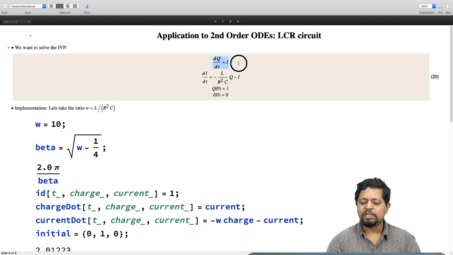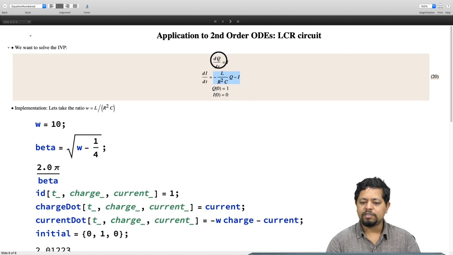So my equation is dq by dt is I, di by dt is minus L by R square C Q minus I, Q naught is 1 and I0 is 0. It's better to actually write this equation as, so this is my Q dot. So this is a function of only I, and this side I dot is a function of Q and I. These are the only two variables.